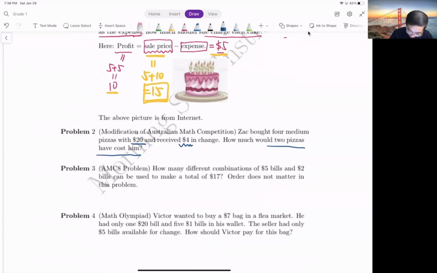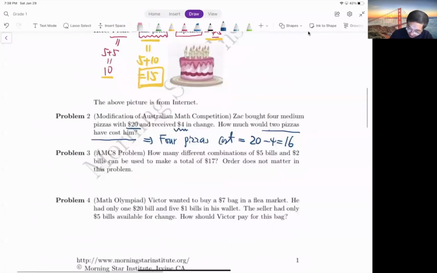So from here we get that these 4 pizzas cost 20 minus 4, which is 16. And the question is, how much would 2 pizzas have cost him?